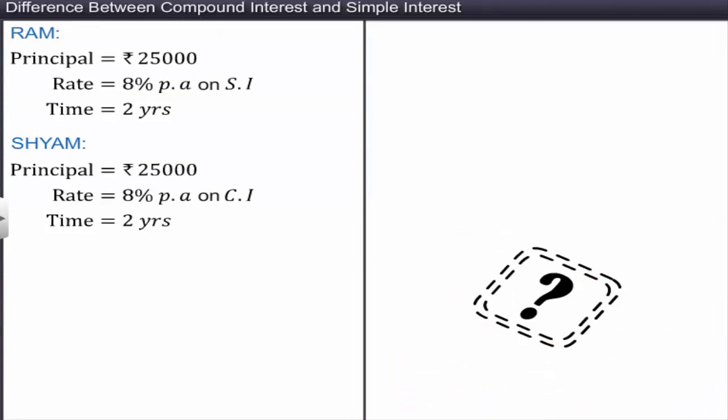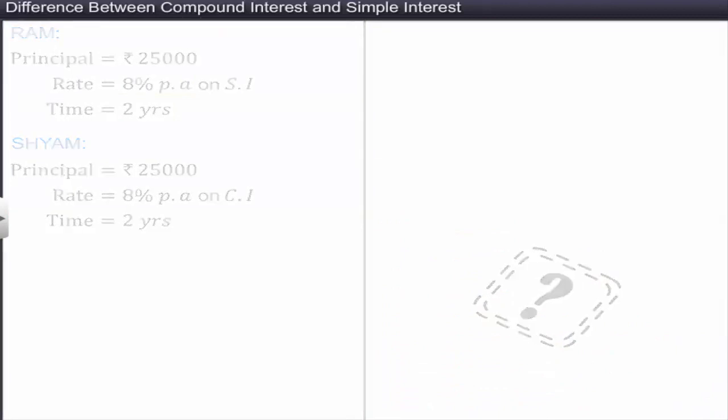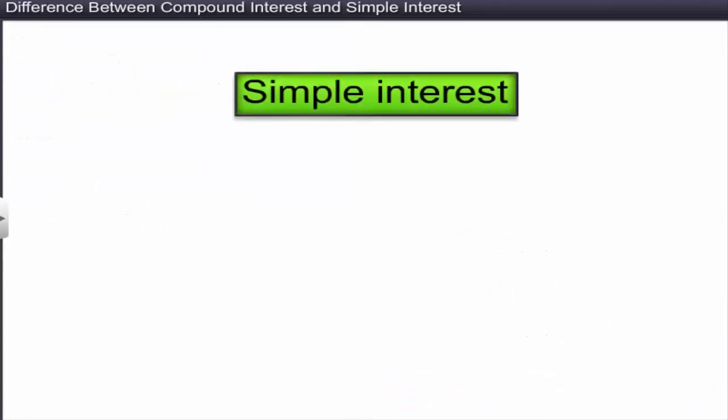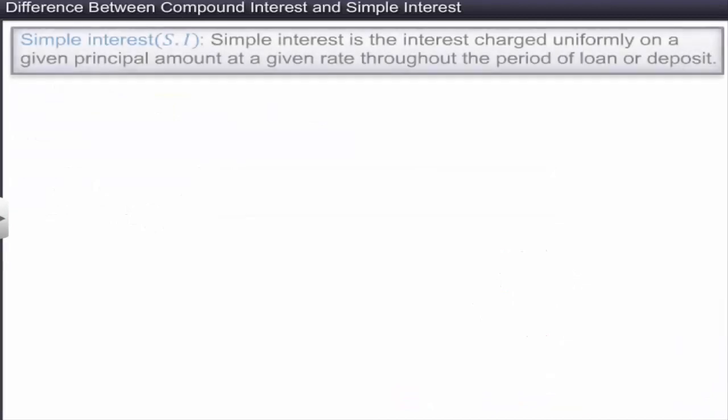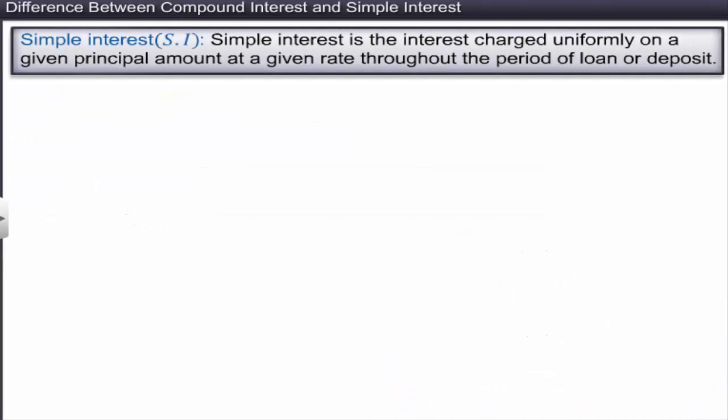Before you figure out the answer to this question, let us recall the formulae for simple interest and compound interest and derive a formula to calculate the difference. You know that simple interest is the interest charged uniformly on a given principal amount at a given rate throughout the period of loan or deposit.